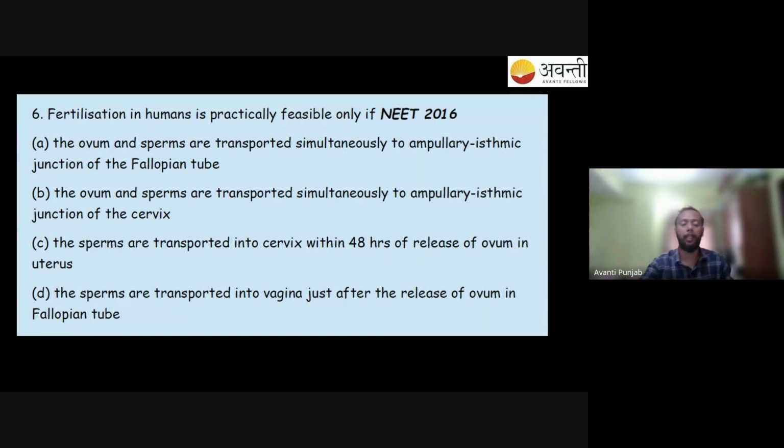Yes, it is going to be option A. The ovum and the sperm are transported simultaneously to the ampullary isthmic junction of the fallopian tube. Someone has a question? They can ask their question. MTS Molly, you have raised your hand. Okay. So ovum and sperm are transported simultaneously to the ampullary isthmic region, where fertilization will happen. So that's going to be true.